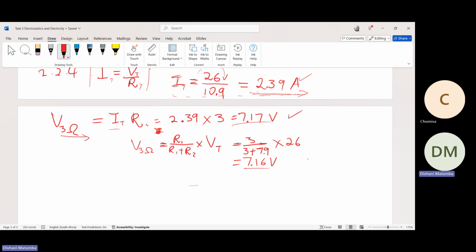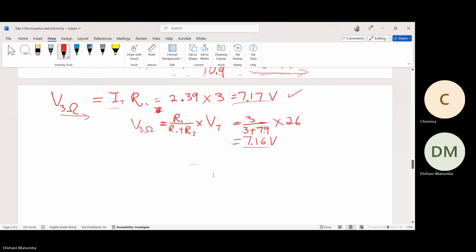So to see how much share the 3 ohm resistor will get, I say the 3 ohm resistor divided by the total resistance of the circuit, times the total voltage, to give me the portion that is going to the 3 ohms. Do you see where I got that answer? Yes, sir. Okay.